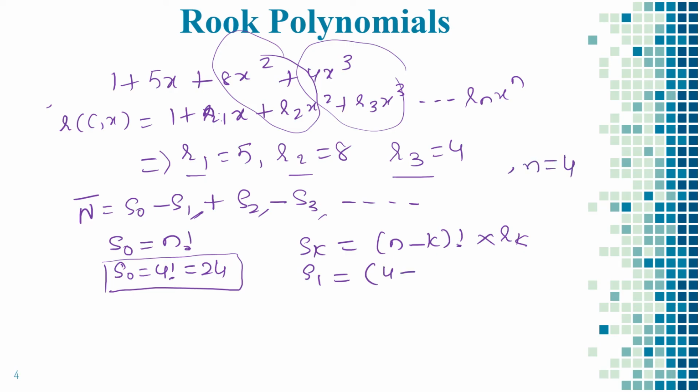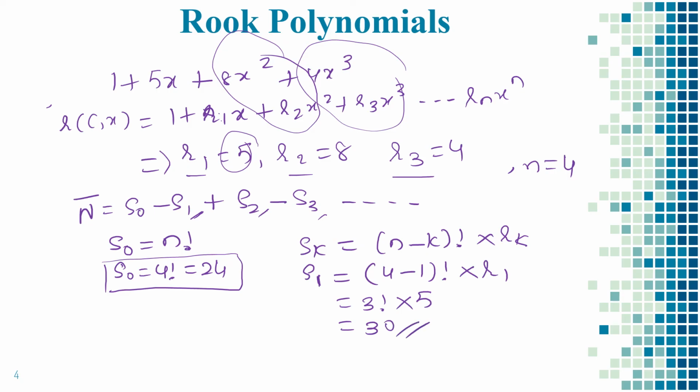So 4 minus the k value is 1 because we have taken for s1. So 1 factorial into rk, r1. So that is equal to 4 minus 1 is 3 factorial into r1. We know r1 value is 5. So if you simplify this, we will get it as 30.